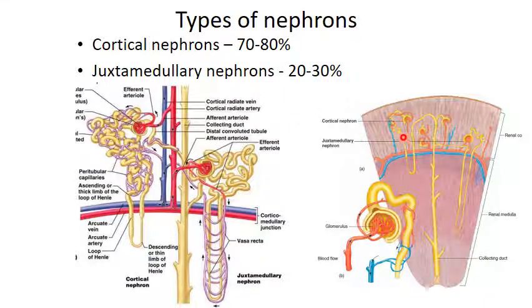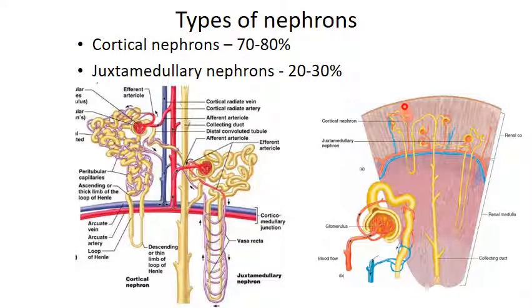The difference between cortical nephron and juxtamedullary nephron is that cortical nephrons are present higher in the renal cortex, whereas juxtamedullary nephrons are present near the corticomedullary junction. As in this diagram, you can see two types of nephrons.